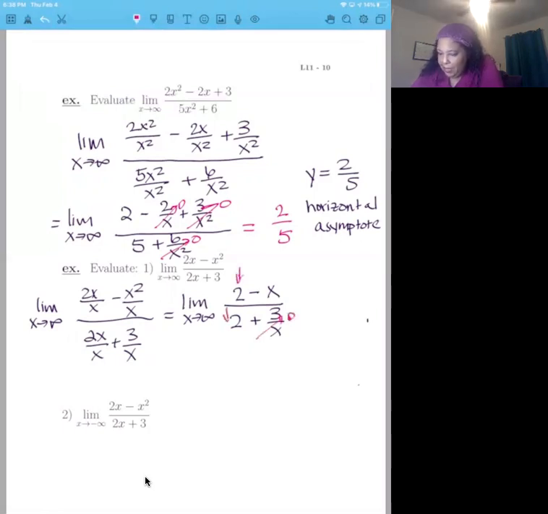That goes to 2, that goes to 2, but what happens with this term right here? As x goes to infinity, it's going to negative infinity because there's a negative sign in front of it. If it was plus, it would be positive infinity. So I have an infinity in the numerator and the bottom is staying constant. So that means the whole thing is going off to infinity. In our case, negative infinity because of the negative sign right there.